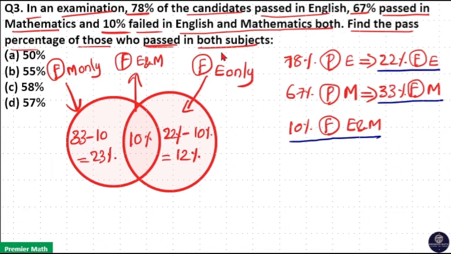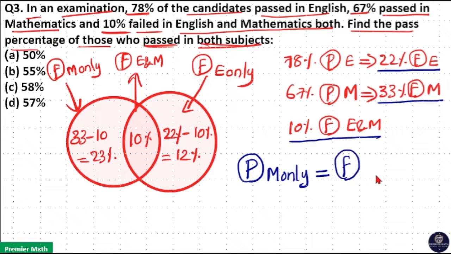those who passed in both the subjects, because students who passed maths only will be included under students who failed English only.